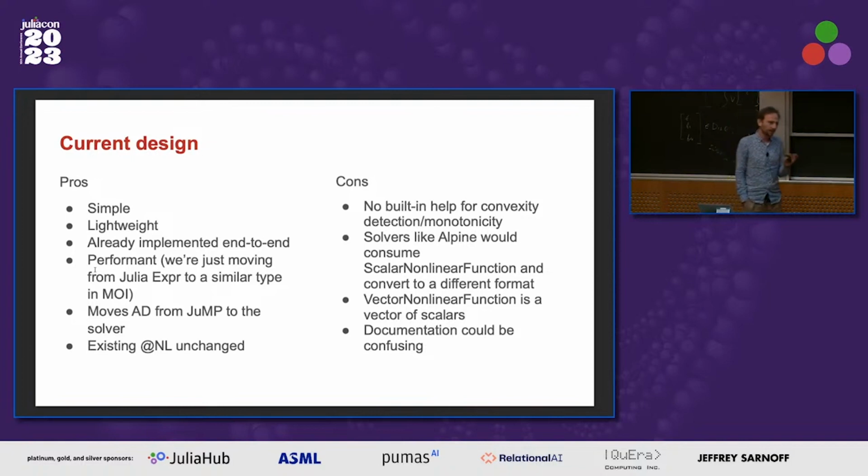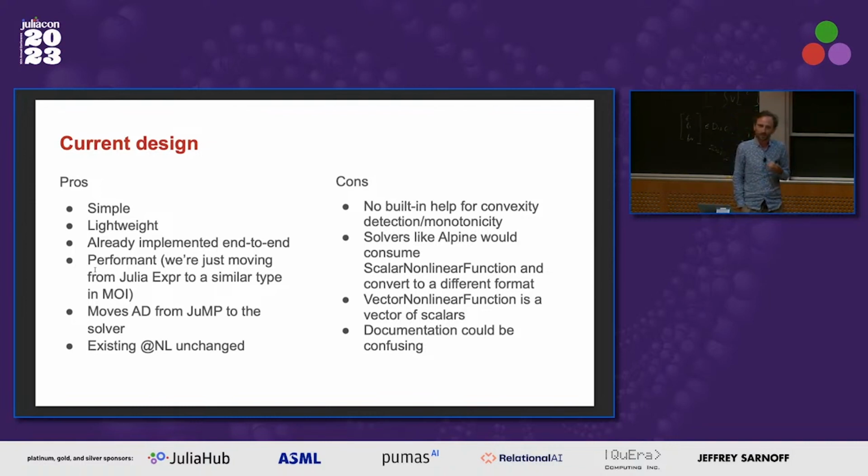And then the slightly weird thing about this, and Miles hinted at this, maybe this is a JuMP 2.0 thing, is that our current plan for the release is that it's just a feature addition. So if you write down @NLobjective or @NLconstraint, everything will still work. But if you write down one of these new constraints, you will get the new nonlinear expression.